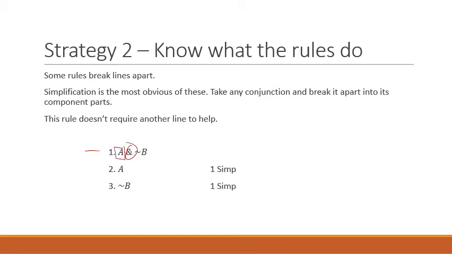So the stuff on the left is a conjunct, and the stuff on the right is a conjunct. Simplification just lets you break that apart. And that's how it works. It's a fairly straightforward rule, so much so that if there's ever a conjunction in your proof, it's a good rule of thumb to always break it apart.